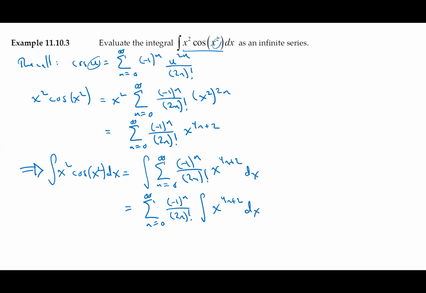And now I apply that integral formula from the last theorem of that section a couple back. Well, just a power rule, right? X to the 4n plus 2 plus 1, so 4n plus 3, all over 4n plus 3, okay?